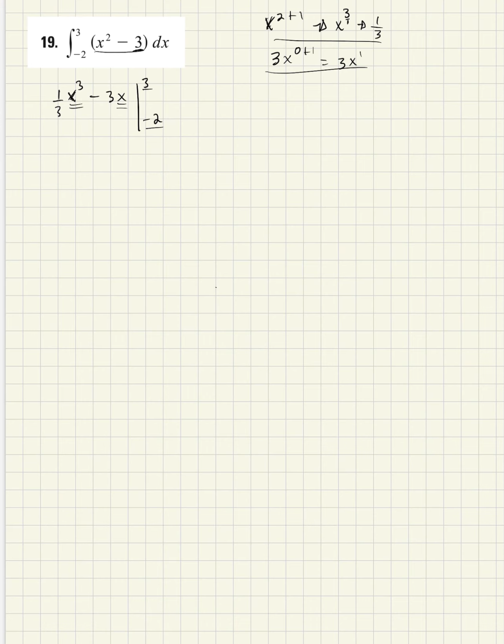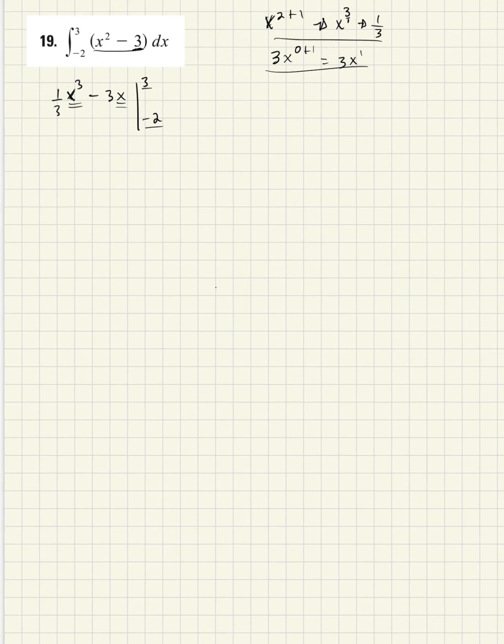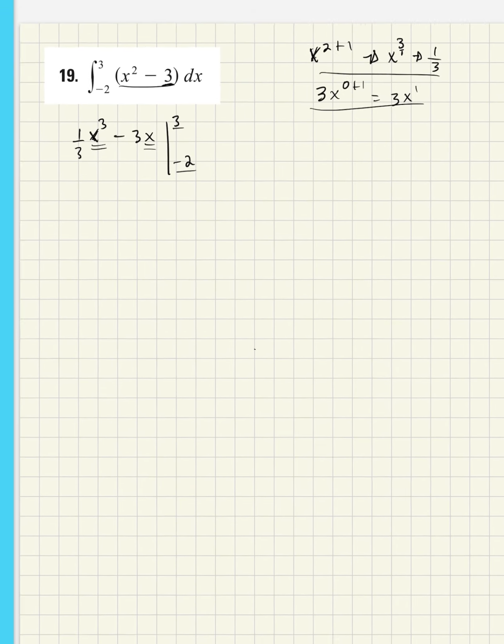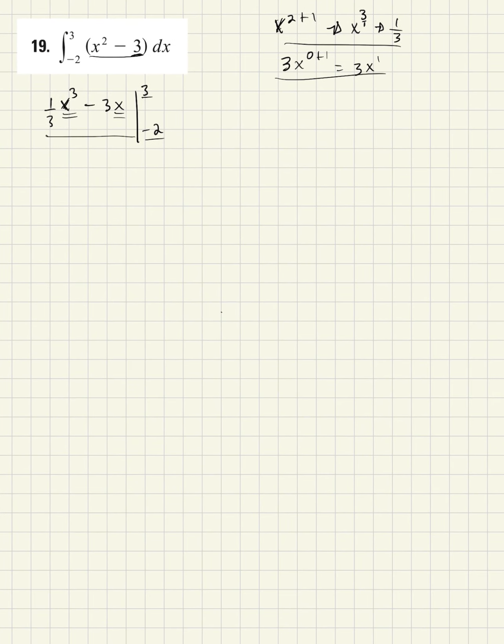I was always told that the calculus portion is 1 or 5% of the entire problem. Once you're done with the calculus, the rest is just pure algebra, which in this case we just did the calculus portion. Okay, the calculus portion was just that right there. Now we just gotta deal with the algebra.